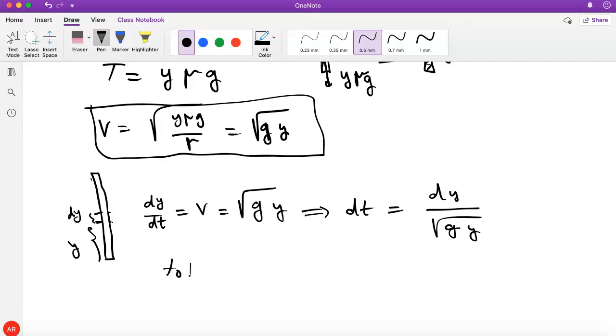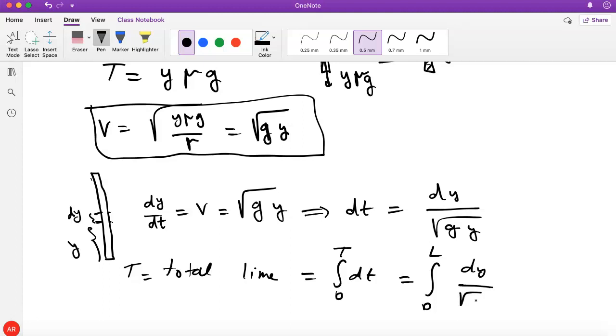So total time is the integral from 0 to t, the total time, of dt, which is just t, and that's the integral from 0 to L of dy over square root g times y to the power minus a half, right?